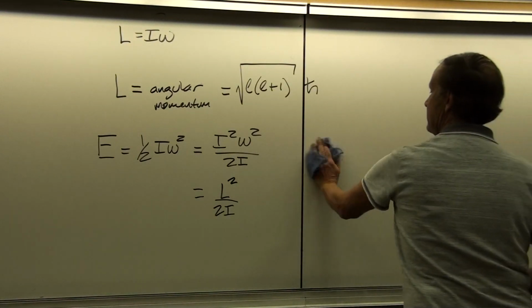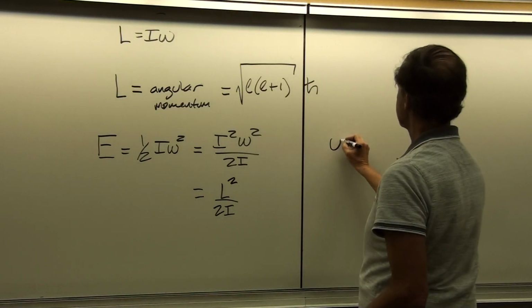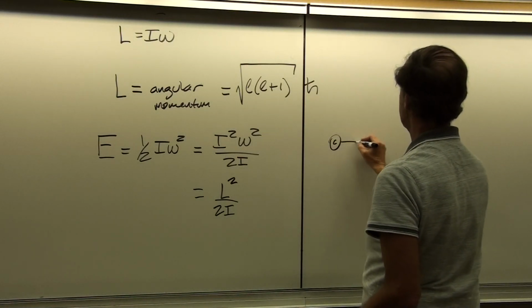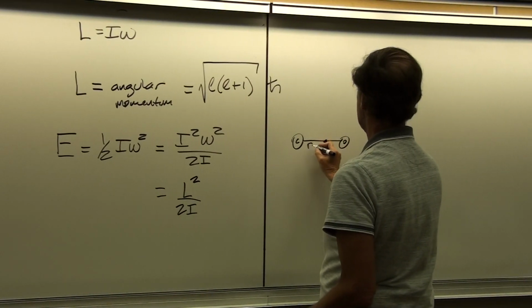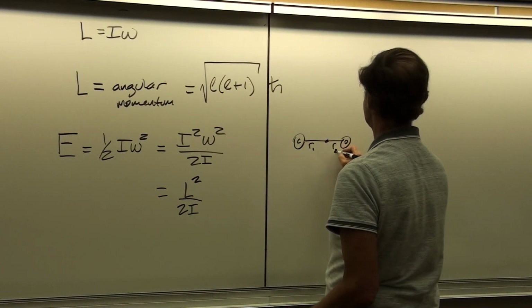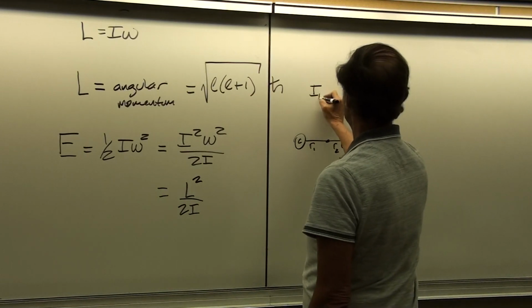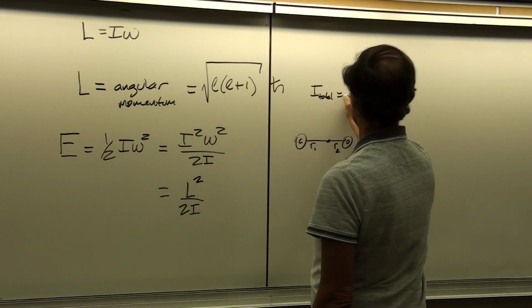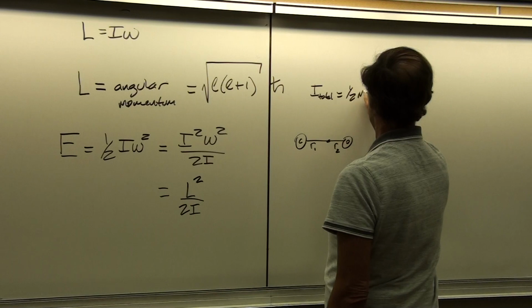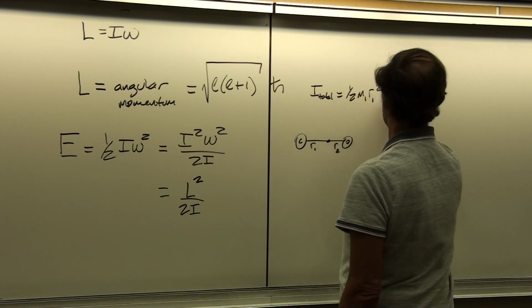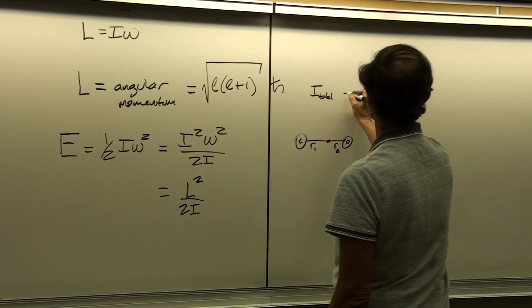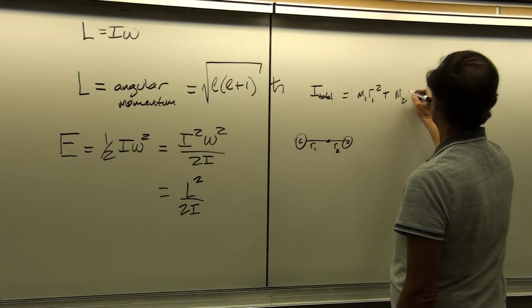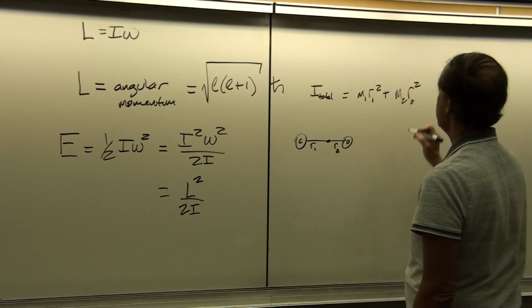Well, the I, measured from the center of mass, say if this is the carbon atom, this is the oxygen atom, this is going to be R1, this is going to be R2, and so we'd have I total would equal M1 R1 squared for point mass plus M2 R2 squared.